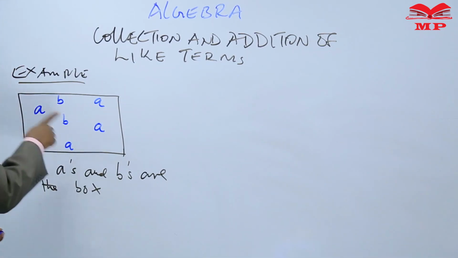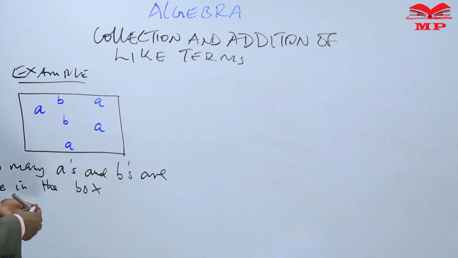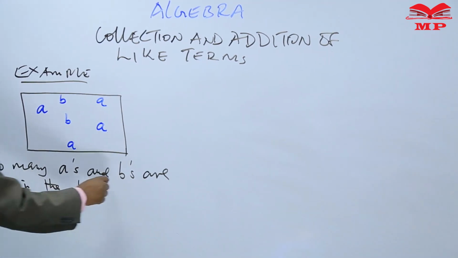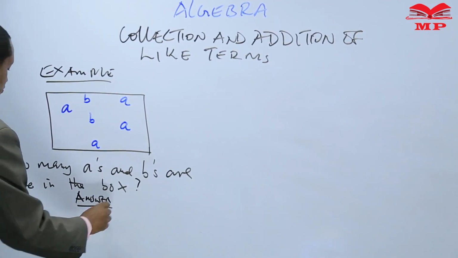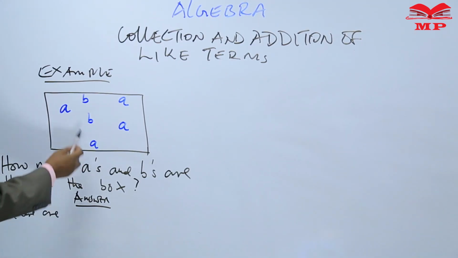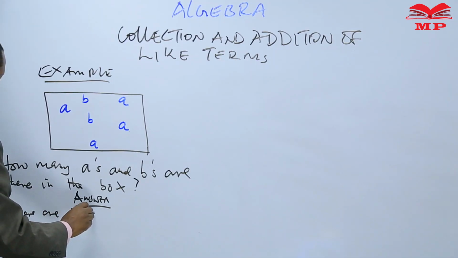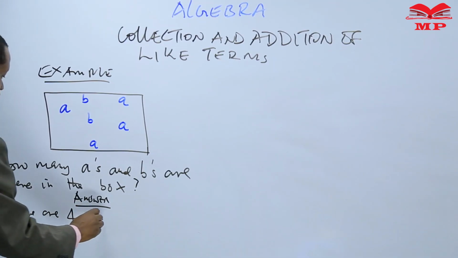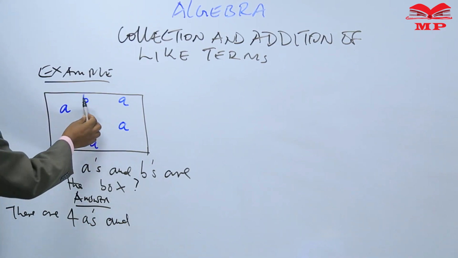Learners, can you see clearly how many A's? Let us count together. There is 1, 2, 3, 4. So the answer is there are 4 A's and how many B's? 1, 2.